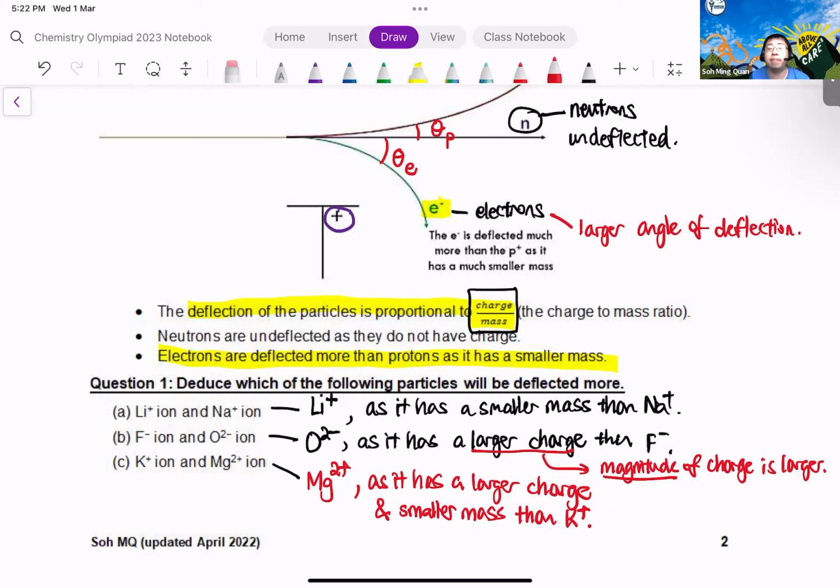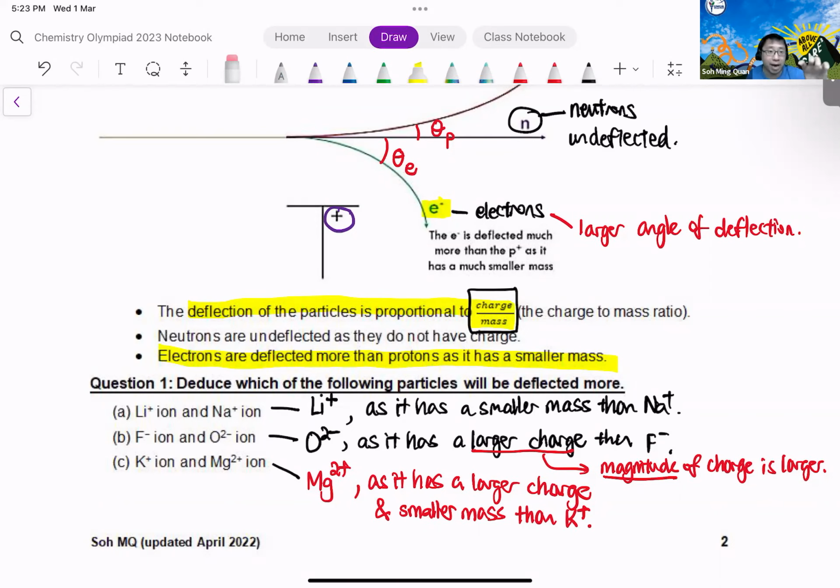Besides that, if you look at the mass, magnesium's mass is 24. You look at Mg in the periodic table, the bigger number is 24. Potassium's mass is 39. So potassium has a larger mass, magnesium a smaller mass. So Mg2 plus has a larger charge and a smaller mass.